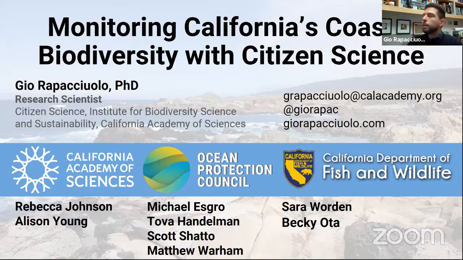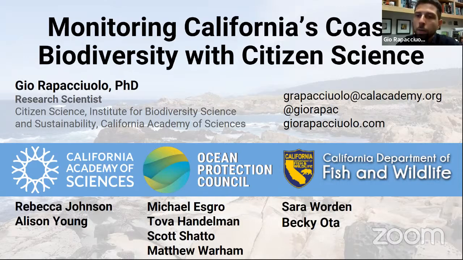So I'm going to get started here. Welcome, everyone. Thanks so much for joining us. My name is Gio Rapacciuolo. I'm a research scientist in the citizen science team at the California Academy of Sciences. This is a webinar on monitoring California's coastal biodiversity with citizen science.